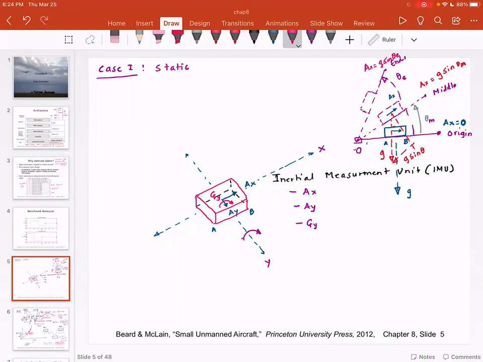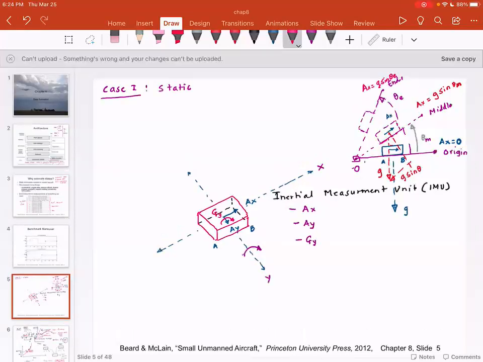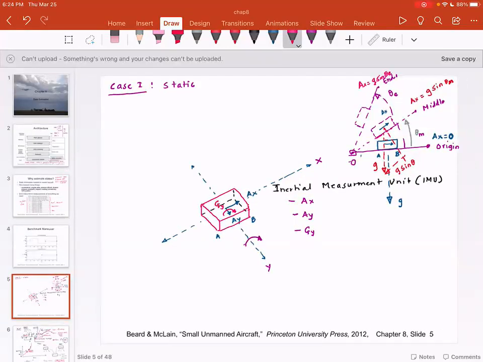So everything is fixed. This accelerometer is not moving. Think about it, this accelerometer is glued to the platform, and the platform is gradually rotated. So in other words, as I rotate the platform, and this is an important exercise, my measurement AX is equal to G sine of theta.